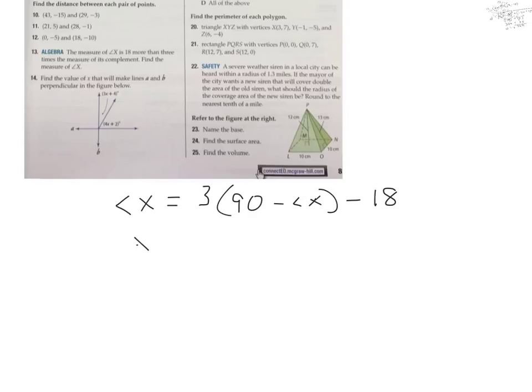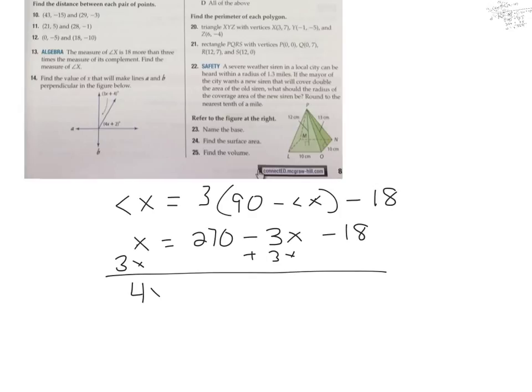All right. So let's go ahead and work this out. So I have x equals 270 minus 3 times angle x. And then this is minus 18. So if I add 3x to both sides, I get 4x equals. Now, 270 minus 18 is 252.